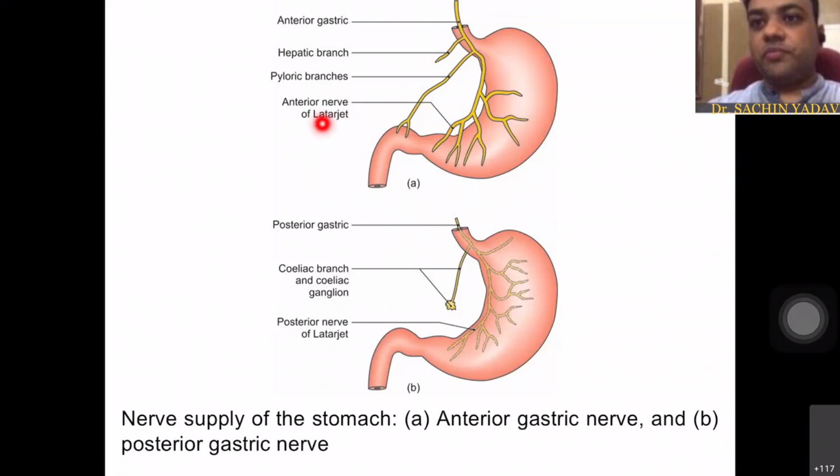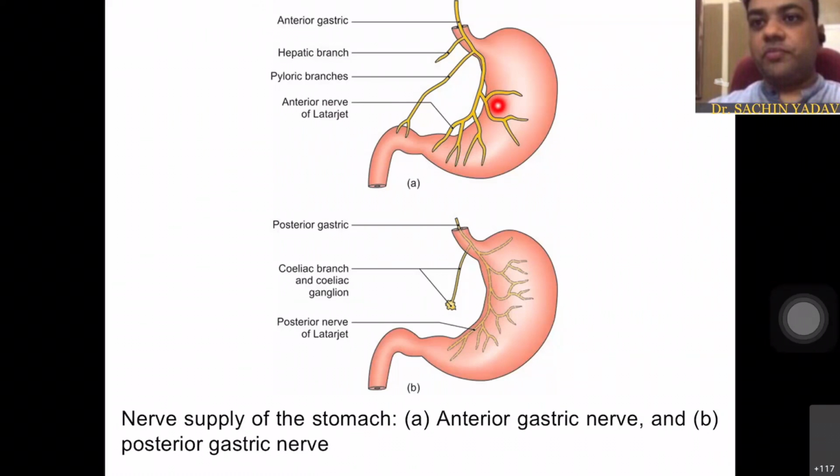So sometimes the nerve of Latarjet can be cut, okay, dissected in a living person, so that the secretion of acid will be lesser, because parasympathetic is the secretomotor. Okay, that will increase the secretion of the gastric juice.